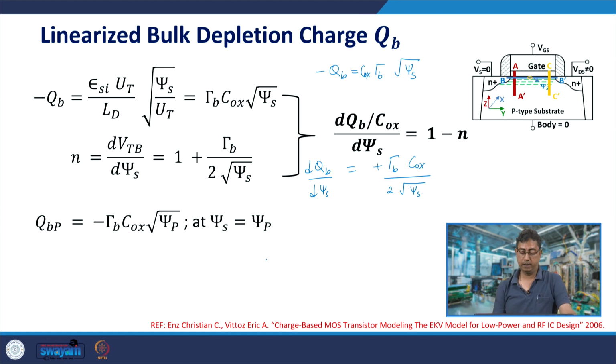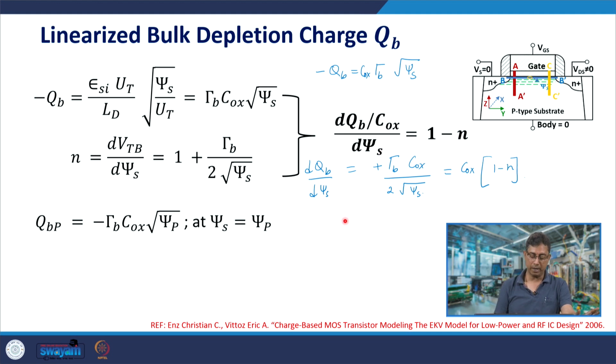Now, what is this? We already know that the value of the slope factor is given by this. So, this is 1 minus n Cox into 1 minus n, and therefore, you get that the derivative of Qb by Cox with respect to surface potential is 1 minus n.